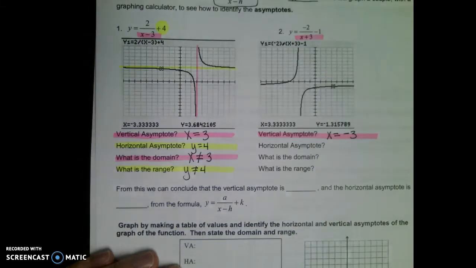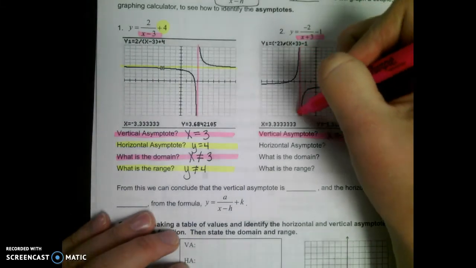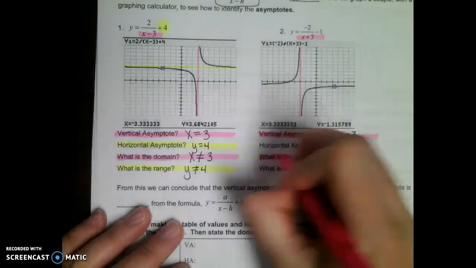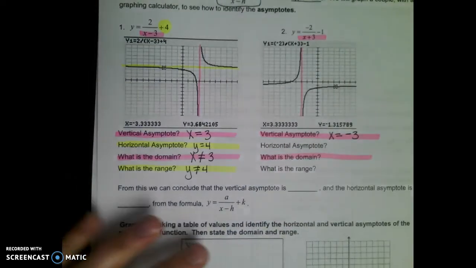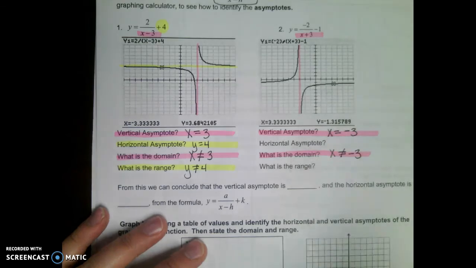Okay, because negative 3 plus 3 would give us 0, and we can't have 0 in the denominator. And if we look at this graph, we do have a vertical asymptote at negative 3. And that means that the domain is going to be x cannot equal negative 3.